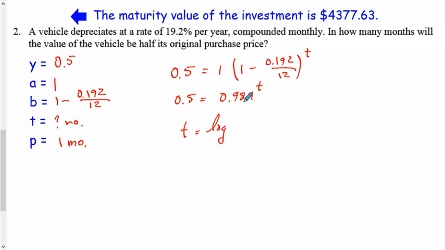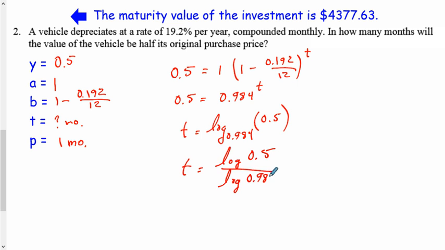The base is this 0.984, and it's operating on this 0.5. And we can plug that into the calculator as it is, if your calculator will work in different bases. Or if you need to change this to base 10, you could enter it as the log of 0.5, or log of a half, divided by the log of 0.984 to evaluate our answer.